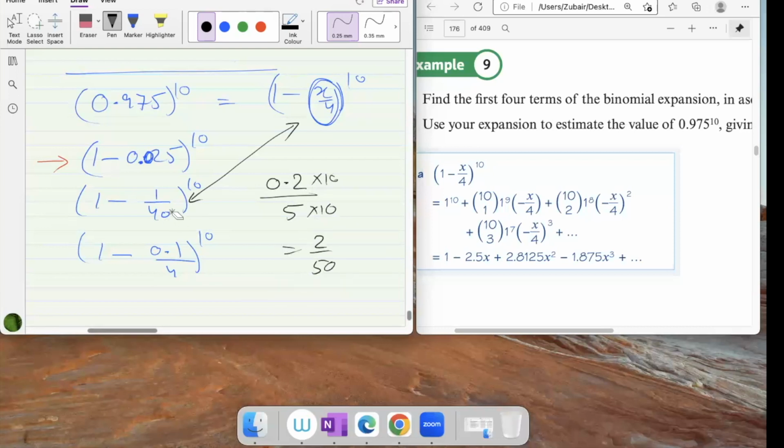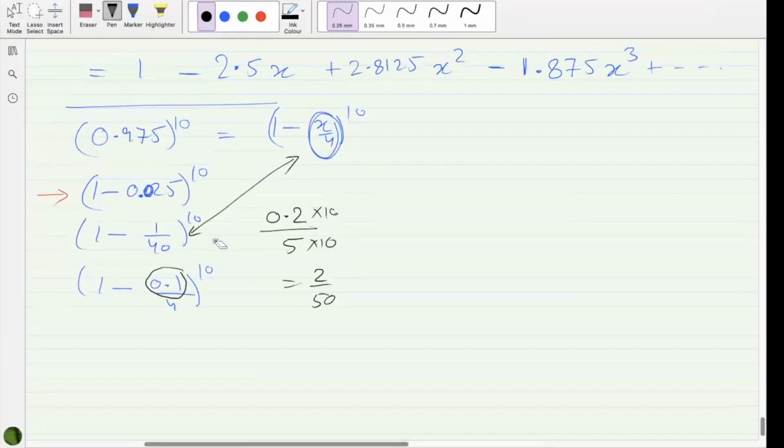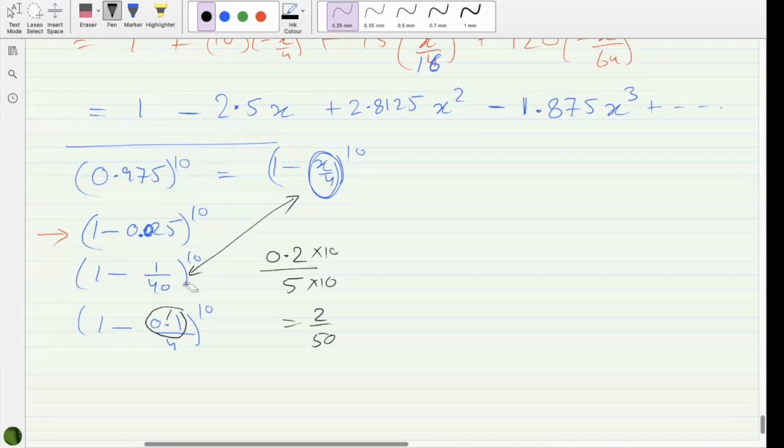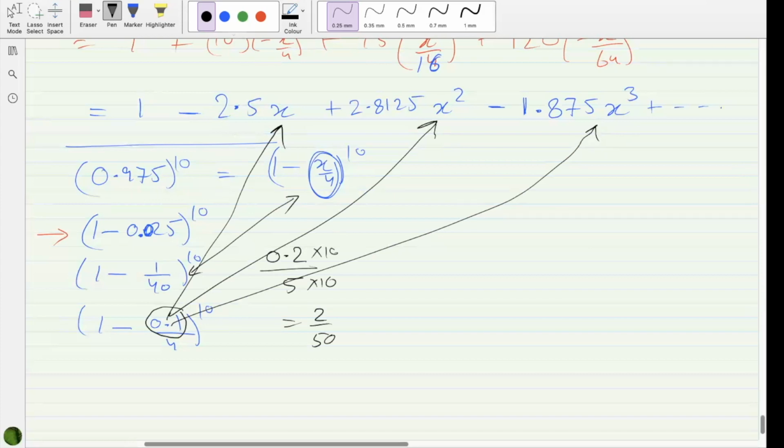So we are actually just doing the reverse of this. So we divide both by 10 in order to get denominator as 4 and numerator as 0.1. So this is the value of x. All you need to do is substitute this 0.1 in all x, 1, 2, and 3, and you'll get your answer.